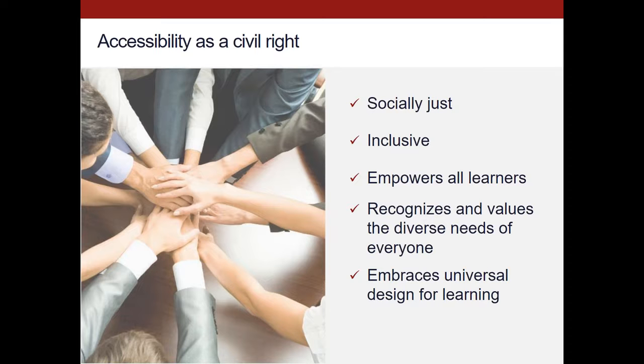Or how can our company be a more socially just place for everyone to work and learn in? People start asking different questions, and they realize that accessibility is deeply tied to the mission and vision statements of their organizations.